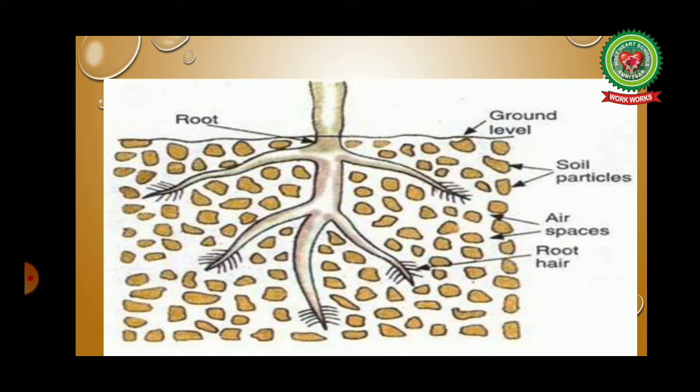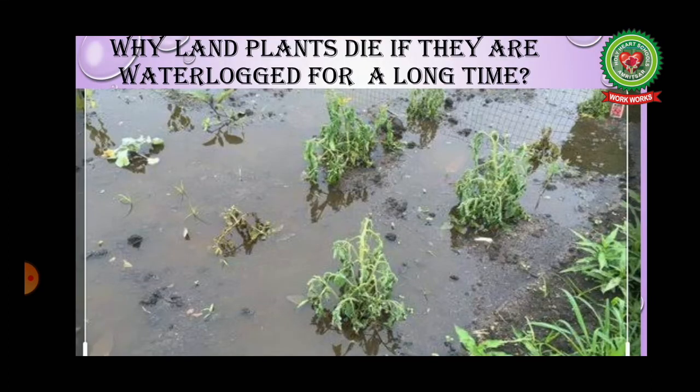So children, now there is a question: why do land plants die if waterlogged for a long time? We have observed that land plants die if they are waterlogged for a long time. This is because the air between the soil particles surrounding the roots gets expelled by water, and fresh atmospheric oxygen required for aerobic respiration is unable to reach the roots.